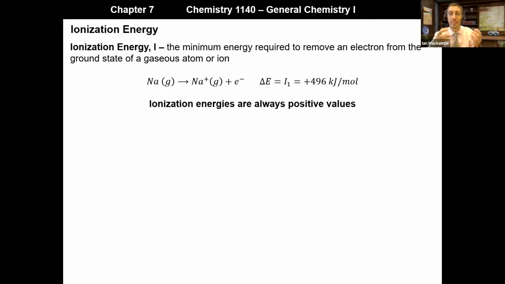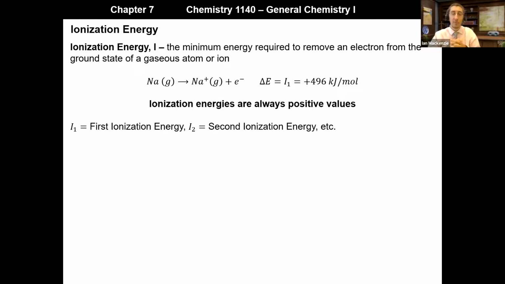If we remember excited states from chapter 6, that was simply taking an electron and promoting it up to a higher energy level that's farther away from the nucleus. Well, if you keep doing that infinitely, then eventually that electron is by itself and gone from the atom. But we know that increasing in energy level requires energy. Promoting an electron to a higher energy level requires energy, and thus ionization energies are always positive values.